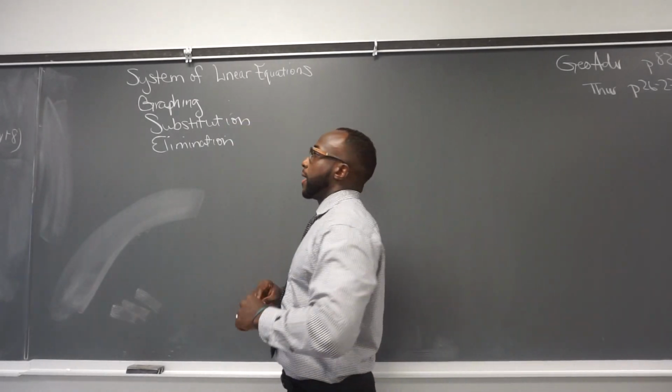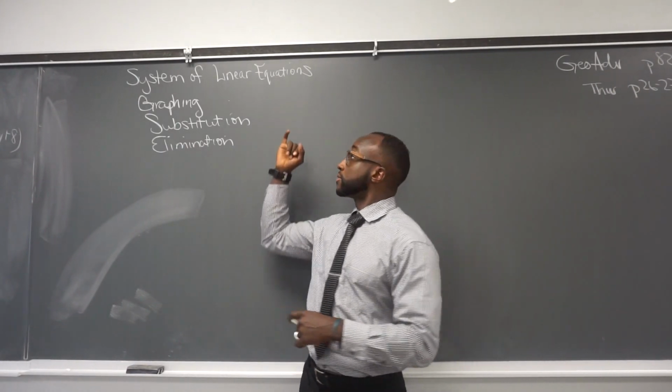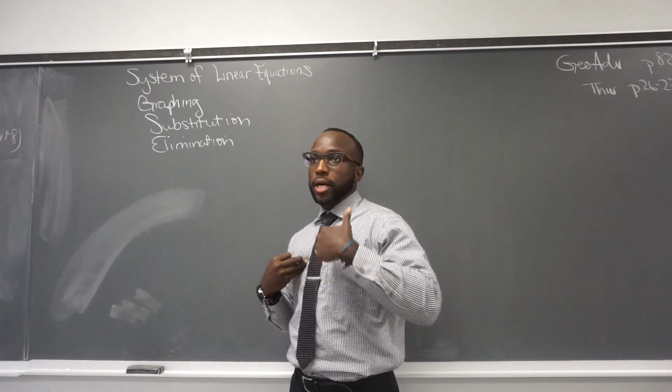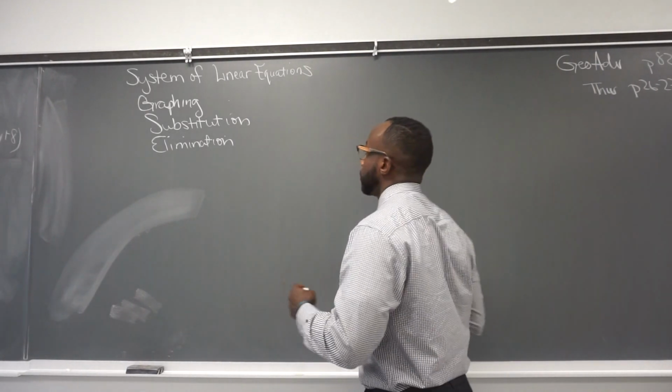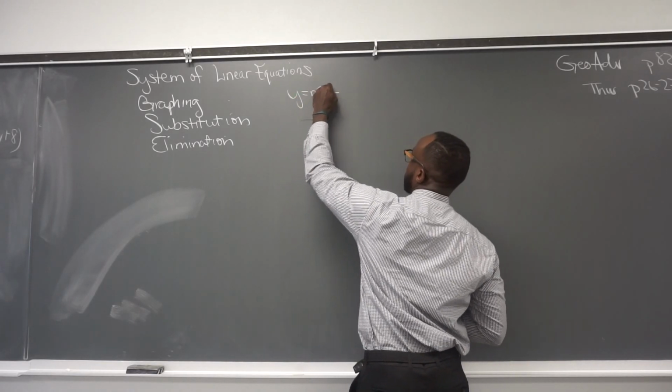Okay, and let's first start off with graphing method. The graphing method of solving system of linear equations. Now, the way that I do graphing system of linear equations is I use the slope-intercept equation. That's y equals mx plus b.